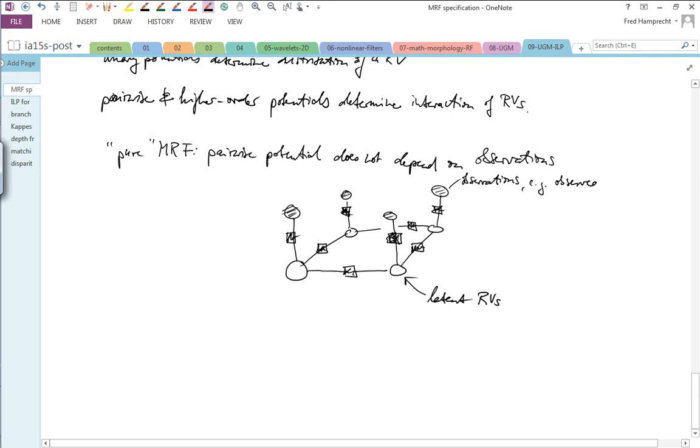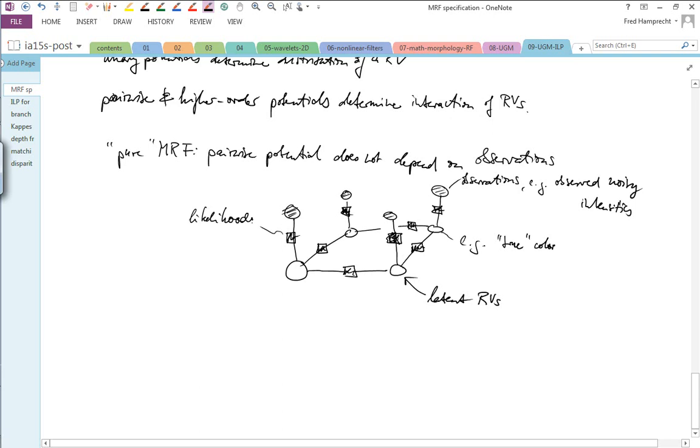So these are, for example, the observed noisy intensities, and these here are, for example, the true colors of different pixels. And these unary potentials here are often called the likelihoods.